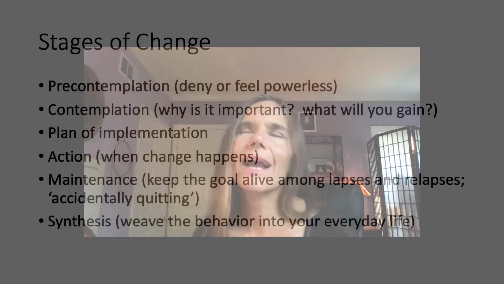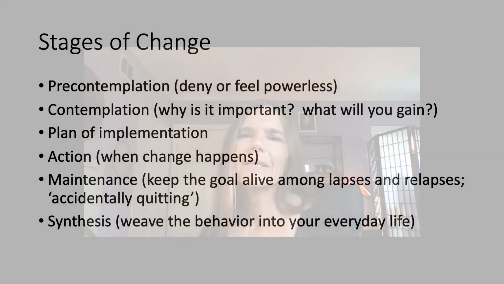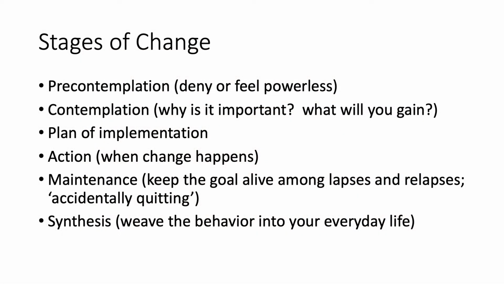Sometimes when you're totally tunnel vision focused, it's an easy thing to do. But how do you keep it between lapses and relapses? Because that's going to happen. And way more behavior change is successful when you realize that lapses and relapses are going to happen most of the time.